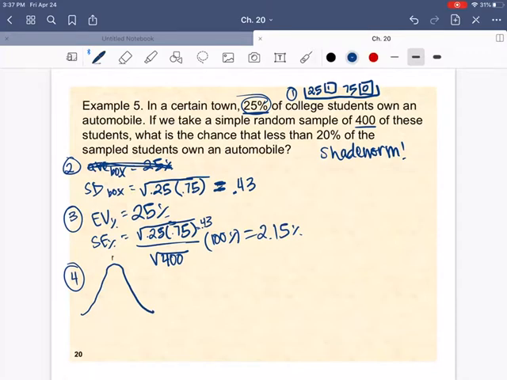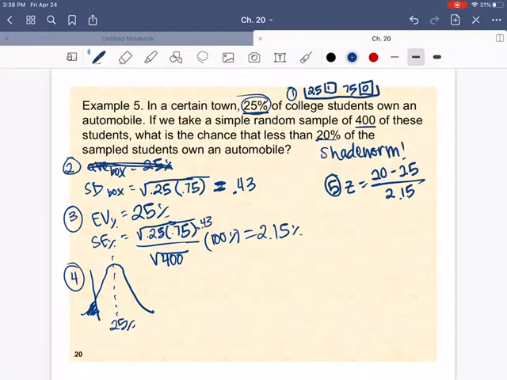Step 4 is draw a normal curve. So we expect 25%. That's right in the middle. It asked 20% or less. So I'm going to draw that down here and shade underneath that. Step 5 is Z-score. Well, we want to look at 20%. We're expecting 25% over 2.15%.